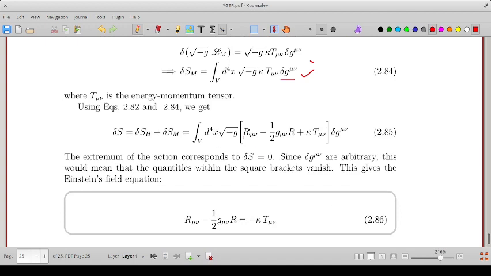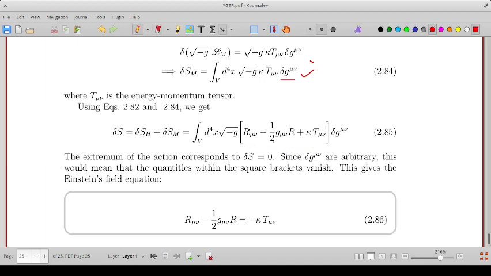So now we need to consider the metric tensor field g mu nu for which this action is an extremum. It will be an extremum provided delta S is equal to 0. Now this delta g mu nu, the variation, is taken to be arbitrary, and therefore the right hand side will be equal to 0 provided the quantity within the square bracket is 0.